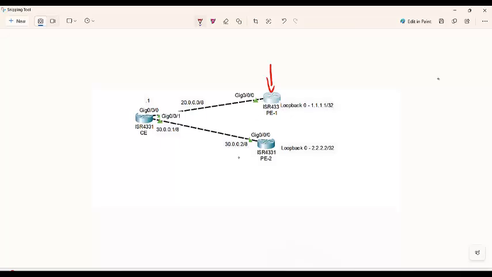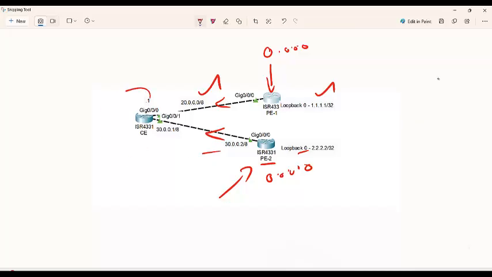To reach 30 and 2, this is the only direction. If you have only one direction to go to all the unknown destinations, we call it a stub router. So you write this default route only on the stub router. This is also a stub router because for PE2, the unknown networks are 20 and 1, and this is the only direction.